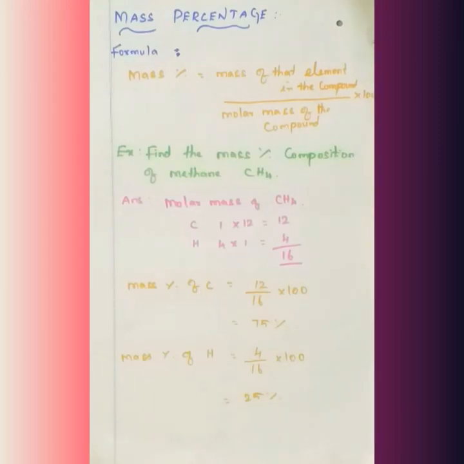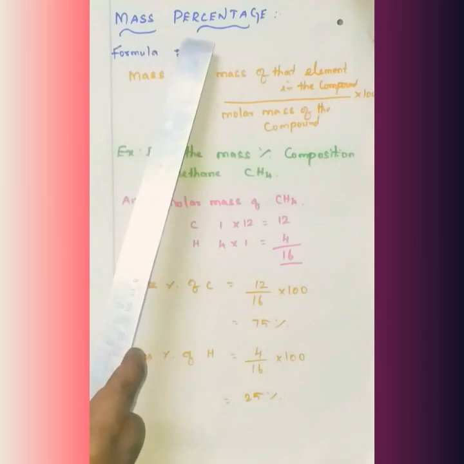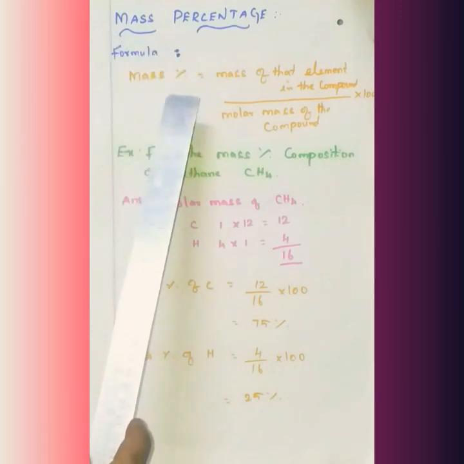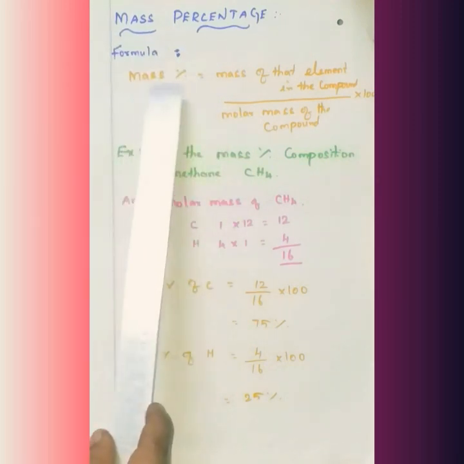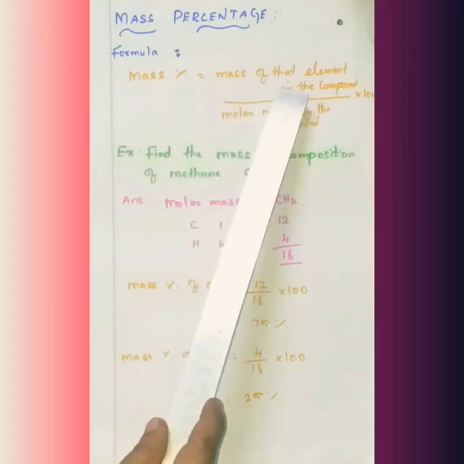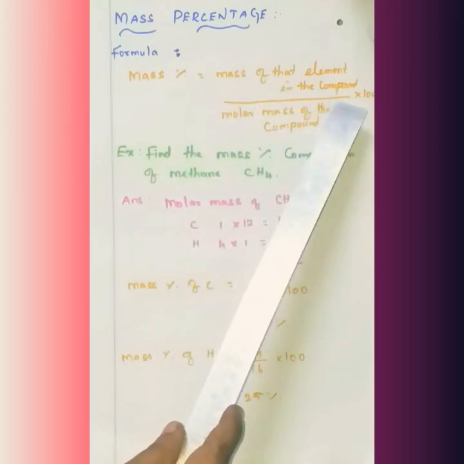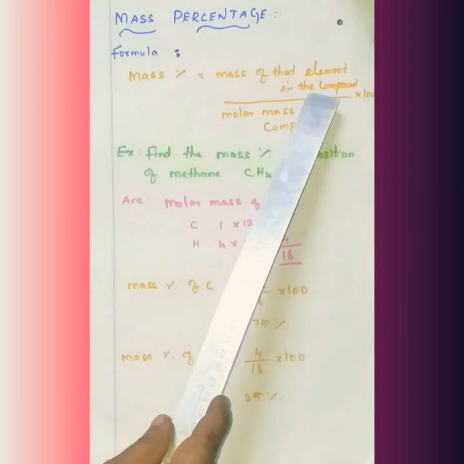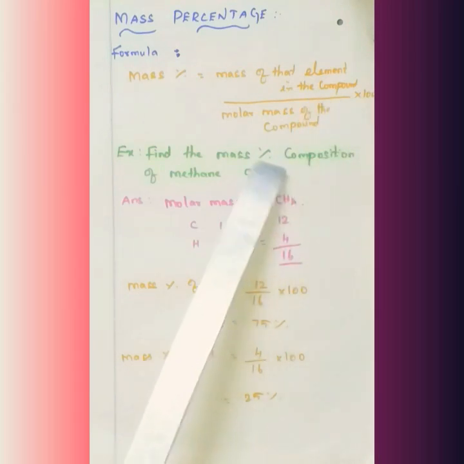Next, the second type of problem is mass percentage. So first we saw calculation of molar mass. Don't forget, the first type is calculation of molar mass. Now the second type is calculation of mass percentage. Only one formula is there. Mass percentage equals mass of that element in the compound, because the elements are present in the compound, for example methane, it is a compound.